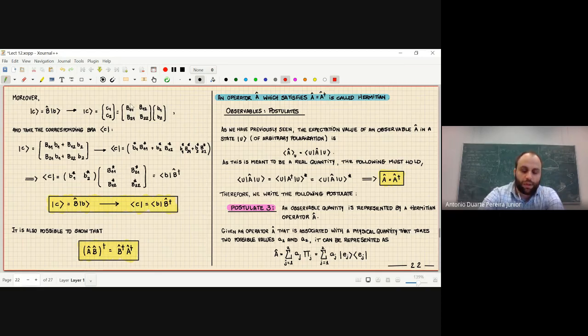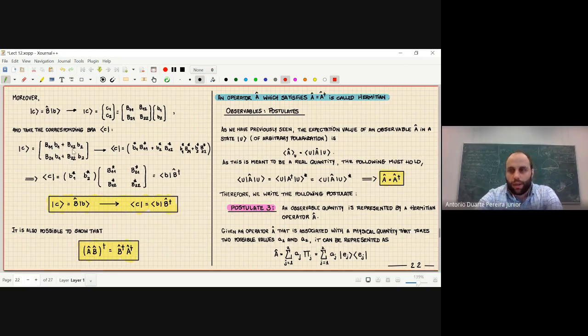So this will give me big B11 times b1 plus big B12 times b2. So this is the first element. And I take the second element, which will be B21 times b1 plus B22 times b2. And here is the second element. So the cat C is written as this combination here of big B's and little b's.